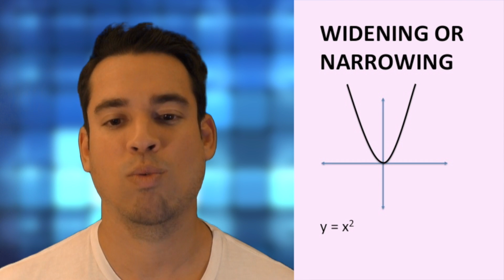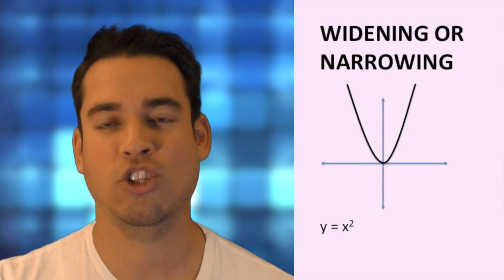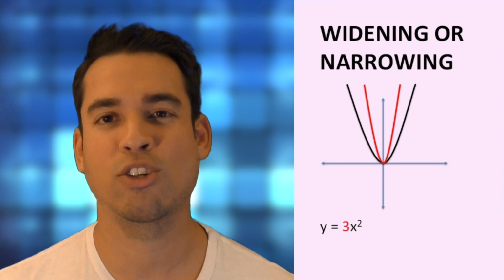Now let's talk about how to widen or narrow the parabola. Here we're really talking about vertical stretches and compressions, but it looks like widening or narrowing. So let's say we wanted to narrow this, which is the same as a vertical stretch. We would multiply x squared by a number greater than 1.